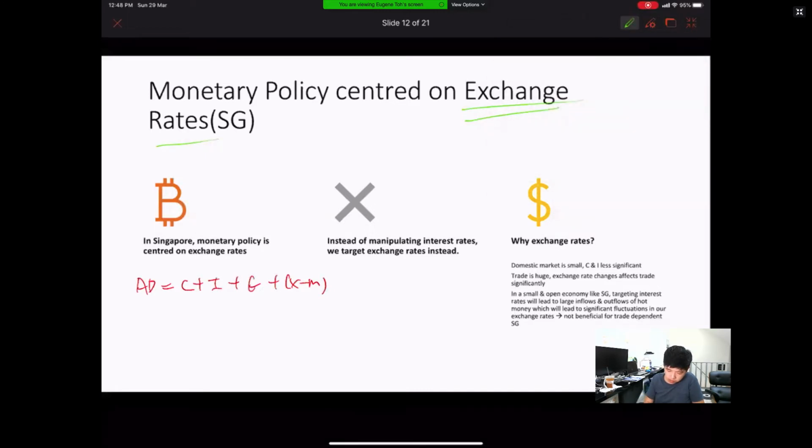It targets consumption and it targets investment. That is what interest rates target. You change interest rates to influence consumption, and you change interest rates to influence investment. That's what you change interest rates for. That is what monetary policy is supposed to do. First, let me ask you, domestic consumption in Singapore, is it big or is it small? Big or small?